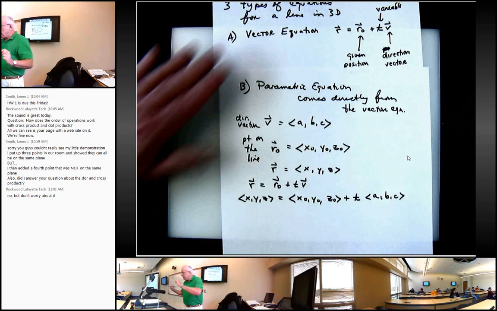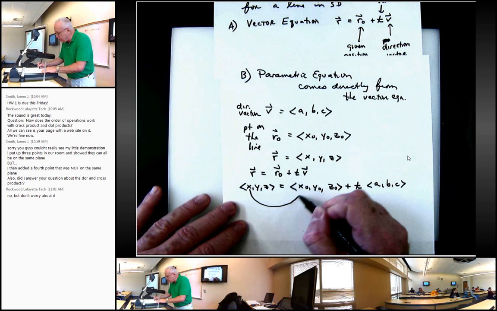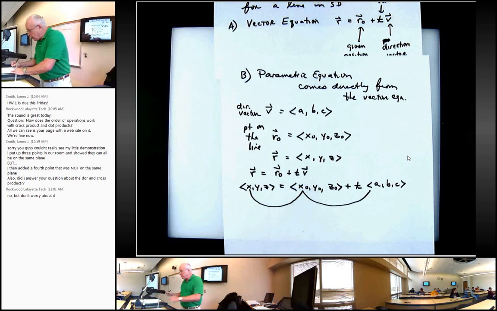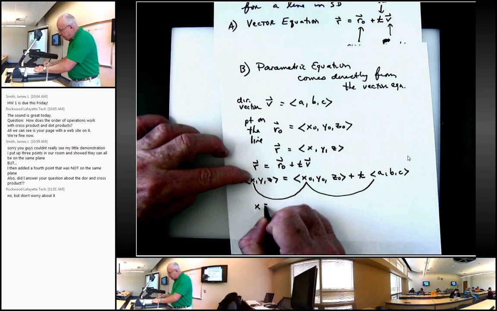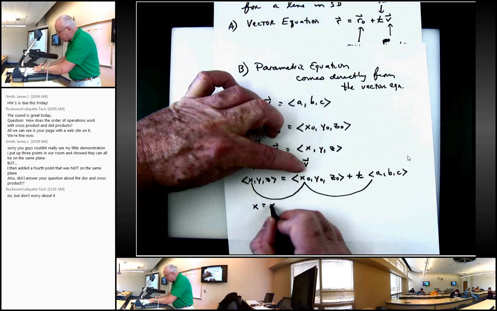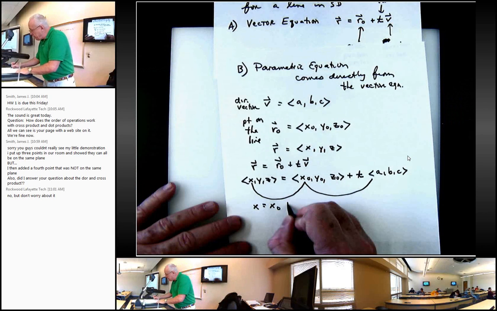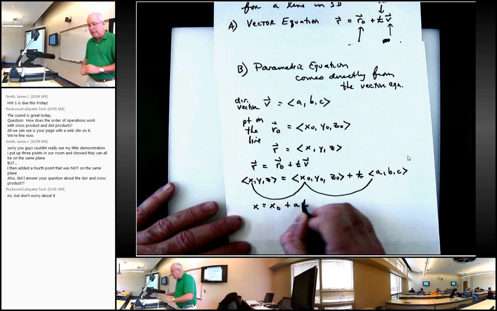And then what can I do here? I can take each individual component and set them equal. So our first component, x, is going to equal our x naught from our single point plus our variable t times a, or a times t.